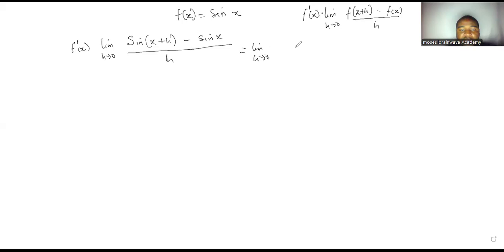Now, this is very simple because what do we know? We know from our trigonometric ratio, from the trig identity, that sine of x plus h is going to be sine x, right? Multiplied by cos h, which is the second one. Then we have plus cos x, then we have sine h, right?